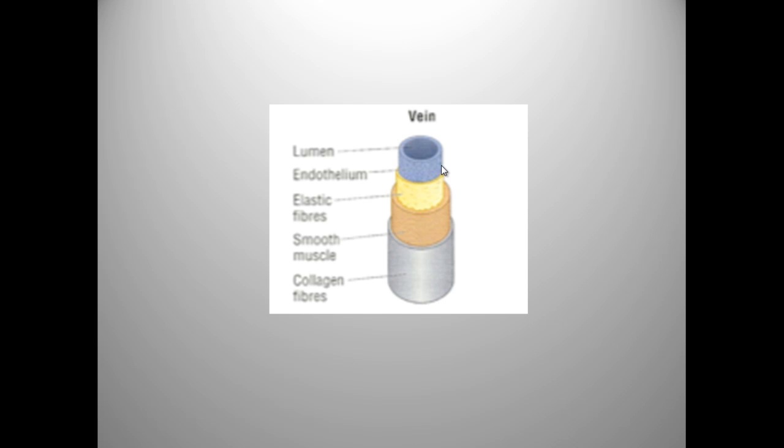Again, there is an endothelium, but it has a much thinner elastic and smooth muscle section, and the reason for that is, again, it carries blood at lower pressure, so it doesn't need to be elastic, and it doesn't need to stretch in the same way that arteries do. And again, you have the tunica externa, your collagen fibres, on the outside of the vein.